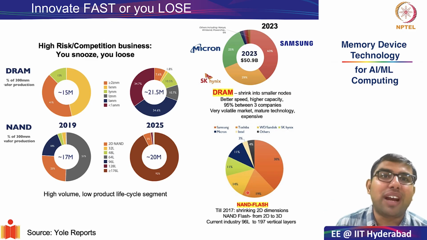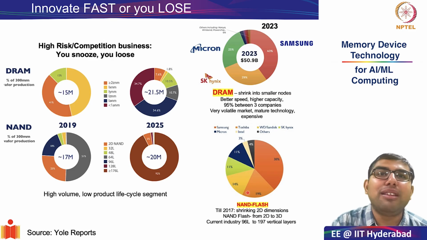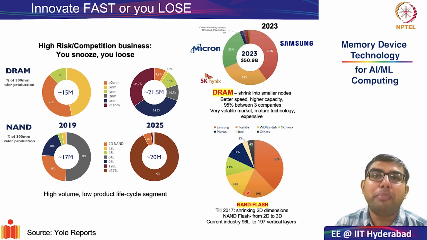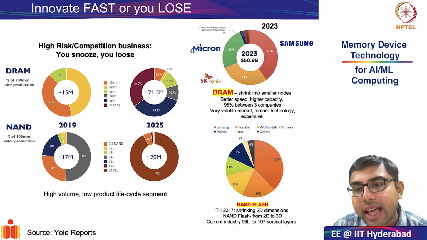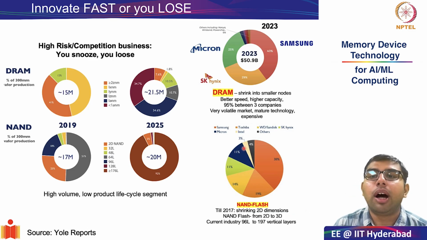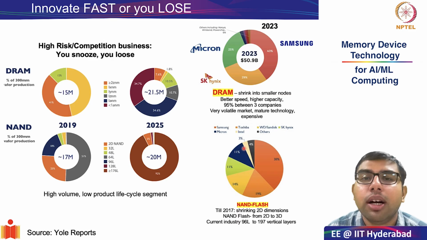There also you need flash. So every company competing in the market does not need to go to the best technology node. For low-end consumer products, there is an opportunity for you to also stay in the market. That's why you see that the pie chart shows a larger spread.